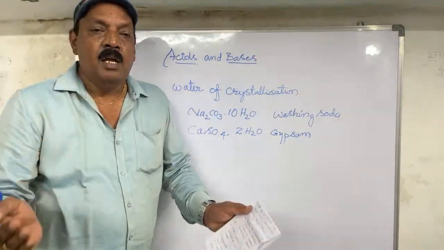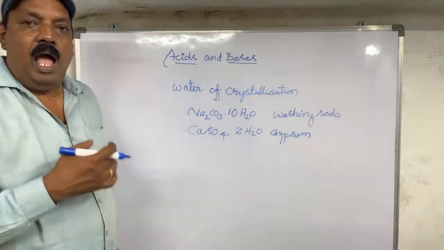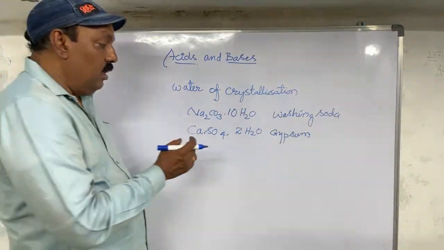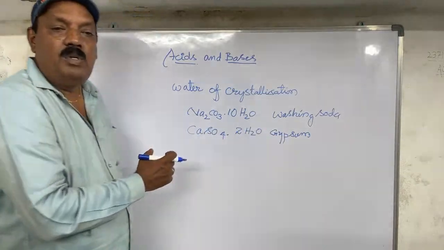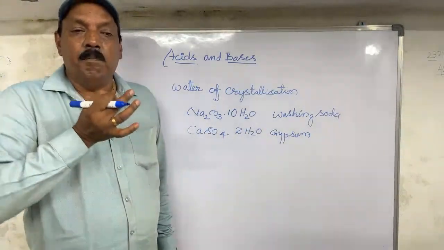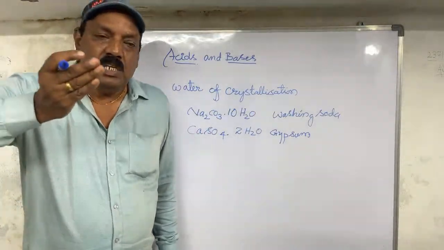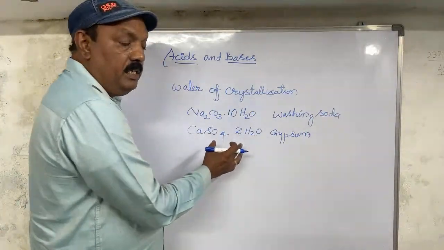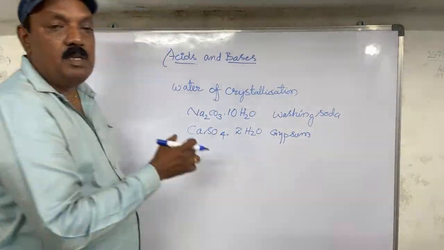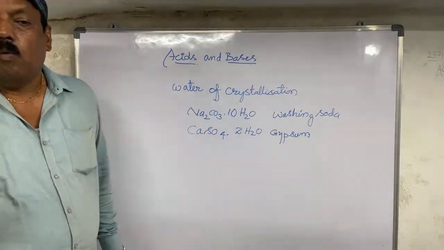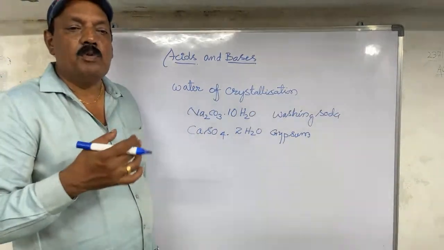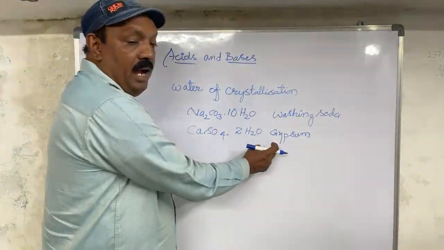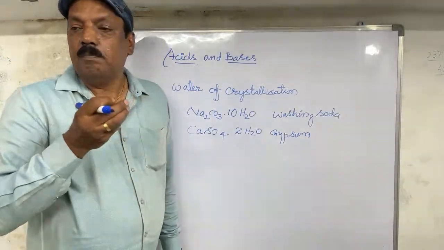The next day it will become rock, and the total cement is going to be wasted. So gypsum is a compound which protects the powdery cement, always keeping it powdery for years, so sufficient supply of gypsum is needed. If gypsum is not added, next day, whatever cement bag you purchase will become one cement rock. So you want cement rock? Don't add gypsum. You want nice, beautiful cement? Add gypsum.